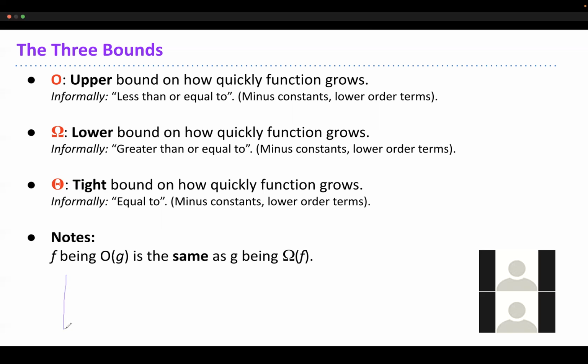This is just saying if we have two runtime graphs, and this is g, and this is f, it just means that f being upper bounded by g, so notice how f is lower than g, is the same as saying g is lower bounded by f. Notice how f creates kind of like a lower bound for g. This is basically what this note is saying.